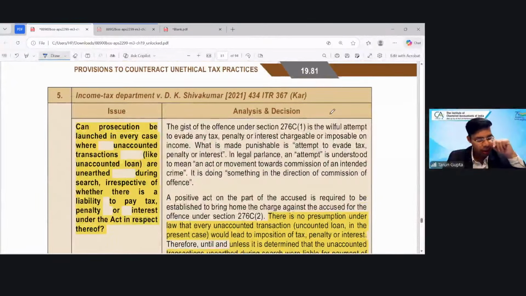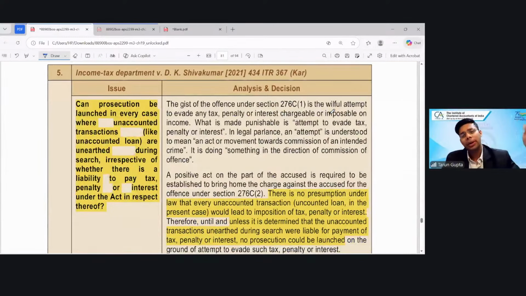So lastly, in the case of D.K. Shiva Kumar, a search happened in his premises and some undisclosed loan was found. A prosecution proceeding was initiated, alleging that the loan was not disclosed with a view to evade tax.